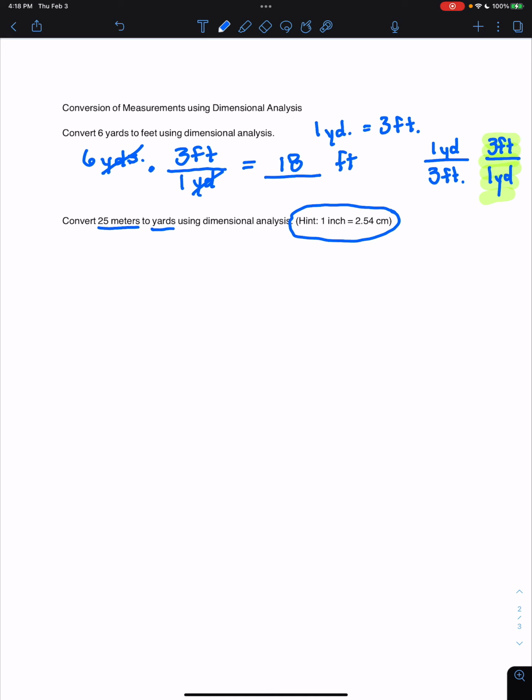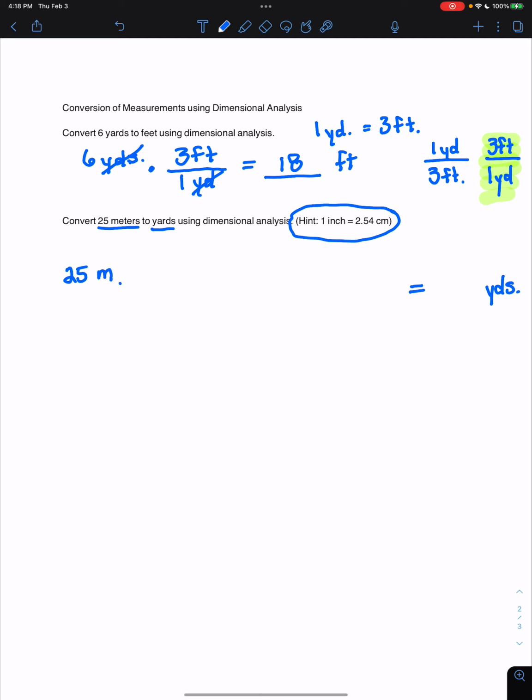But before we even get there, we're going to need to get to inches and centimeters, and then convert from inches into yards. So we have a lot of conversions to do here. So we'll start with 25 meters. And just so we know where we're going, I like to write over here that we're aiming for yards.